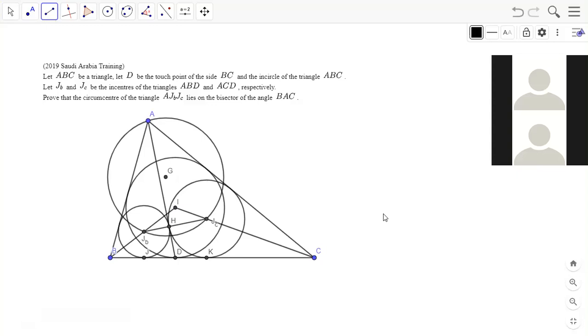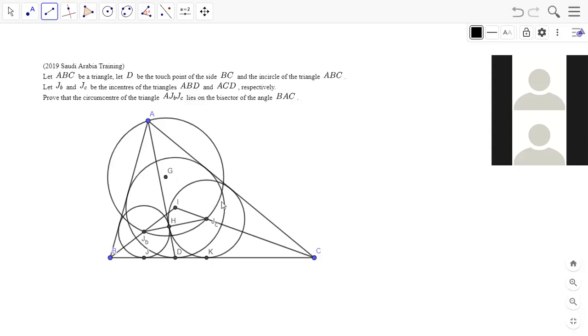Okay, so we want to show AD and AI are isogonal. So yeah, we know angle JBAD is half of angle BAD. Oh, it's probably pretty easy, I think.